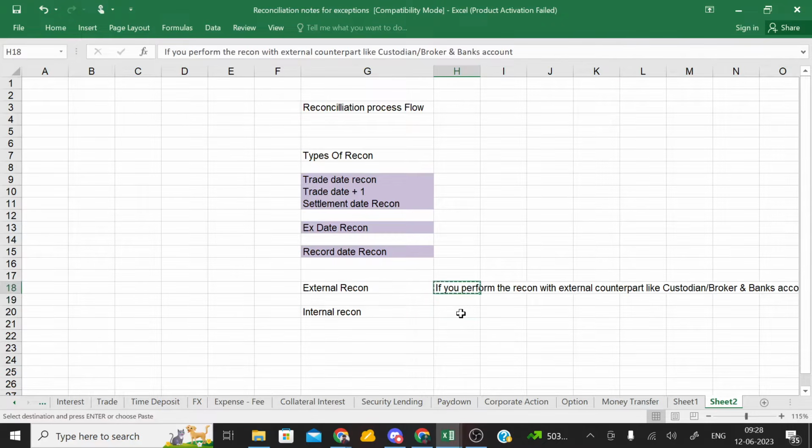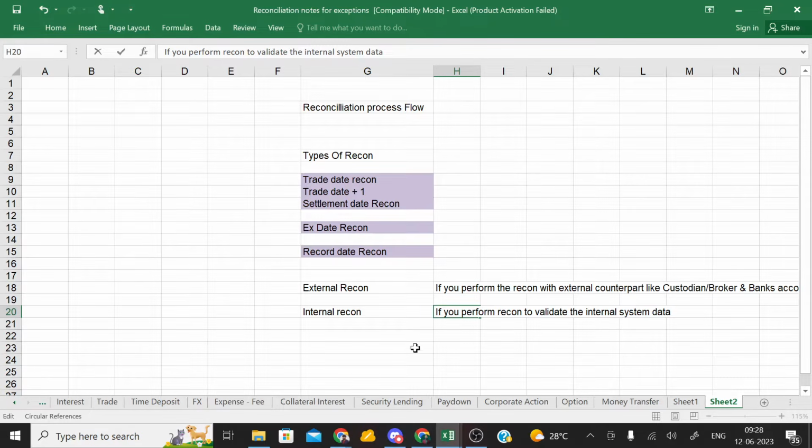And internal means if you perform recon to validate the internal system data, that recon you can call internal reconciliation.